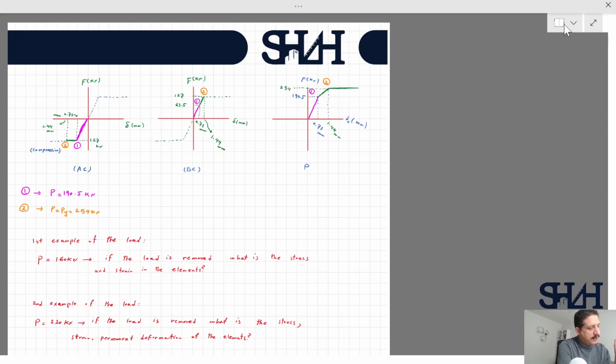At the end, we proposed to apply a load up to 160 kilonewton and then remove it to check what would happen to the system. In the second case, we are going to apply a 200 kilonewton load as force P and check what happens when we remove it.